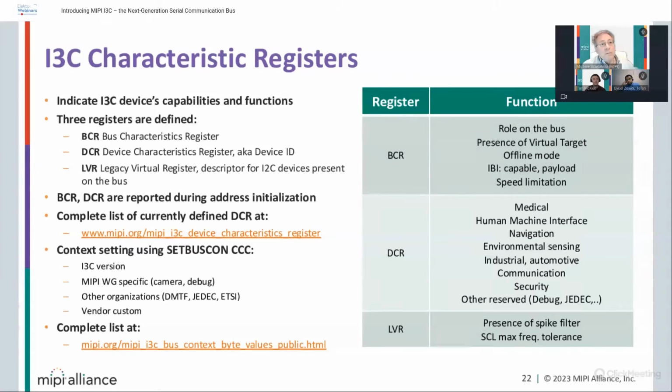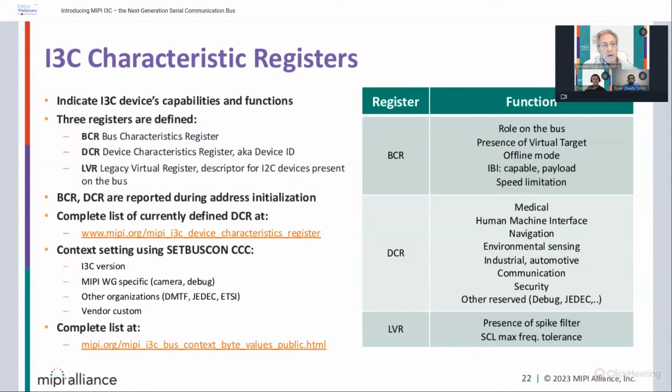Another thing that helps manage this is the presence of some registers. We have 3 registers. One explains the capability of a target, and this can be read with the common command code. There is a device register which identifies the device. You don't have to remember the part number and so on.